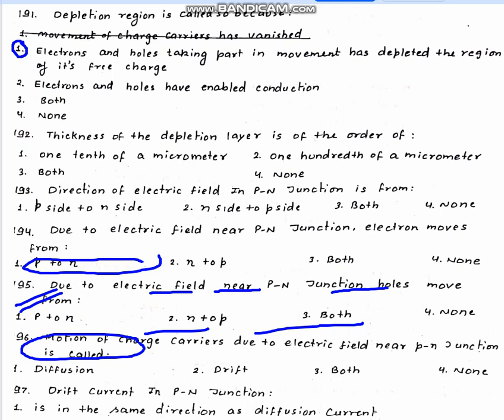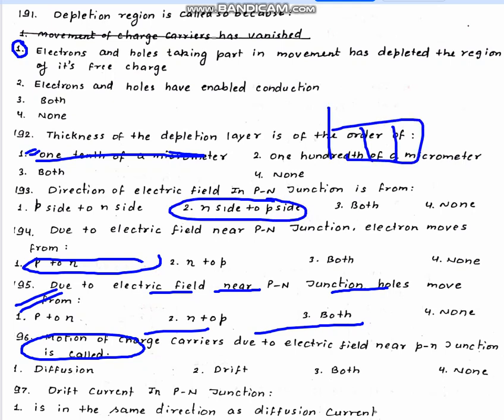Next, the thickness of the depletion layer is of the order of 1/10 of a micrometer. So first is correct over here. Next, the direction of the electric field in a p-n junction is from n side to p side. Suppose this is your p, this is your n.